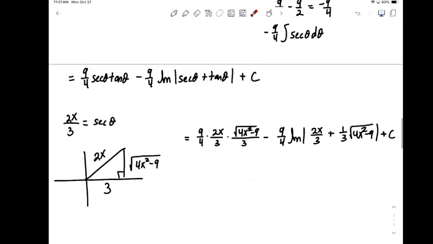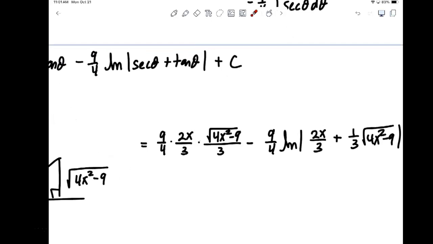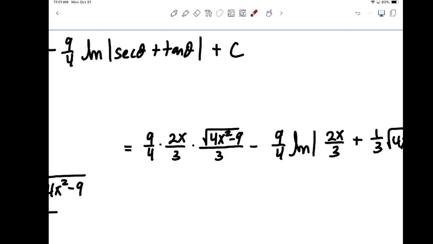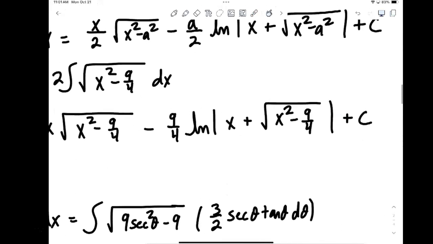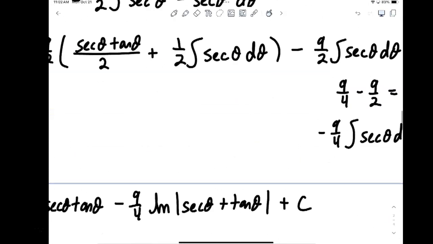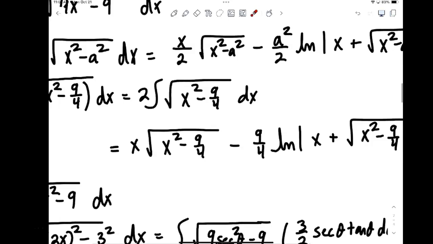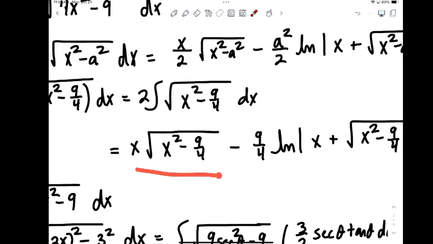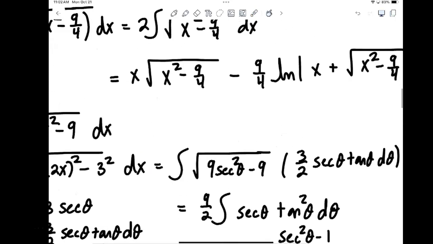So first off, I didn't do any cleaning here, but a lot of stuff, if we simplified it, I'm just going to leave it as this for now because it's good enough. Notice the 3's will cancel there. The 2 will cancel with the 4 and leave a 2 left. Now, if you go back to the formula up above, it was x and the square root of x squared minus 9/4.